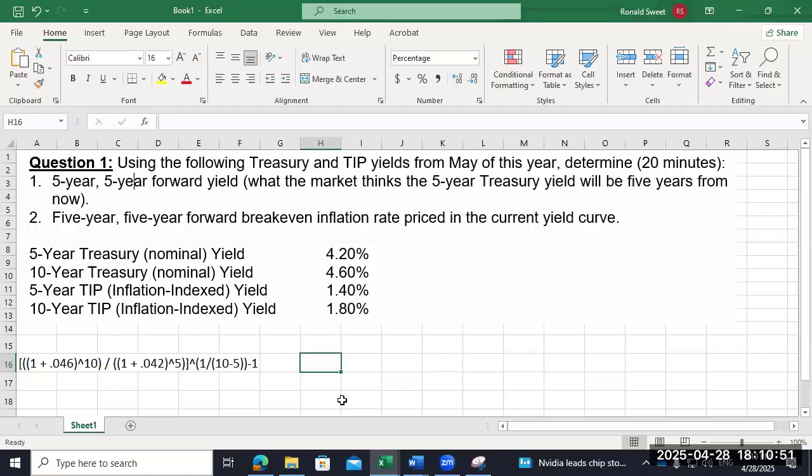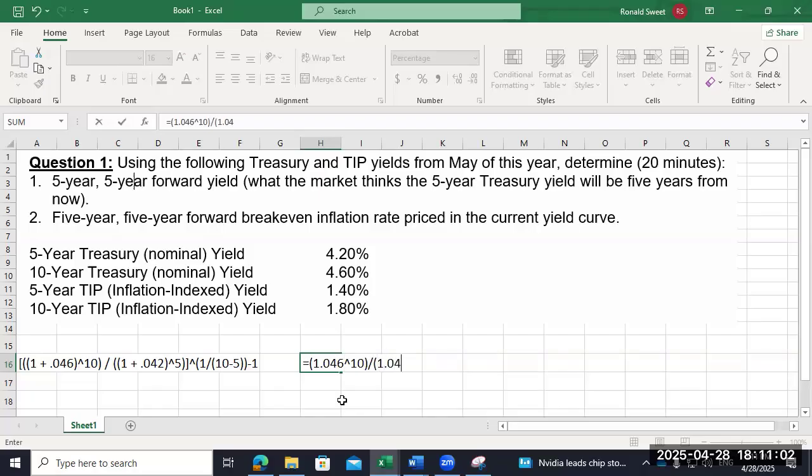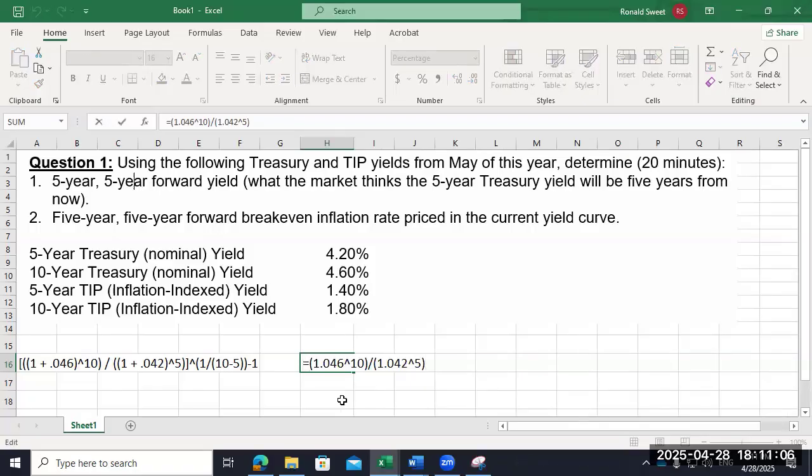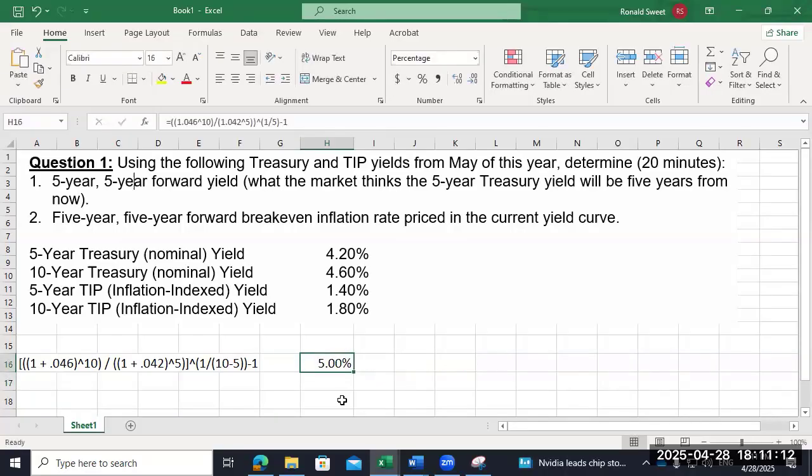So you can kind of guess it. Right at 5%, not exactly 5%, but pretty close to 5%.